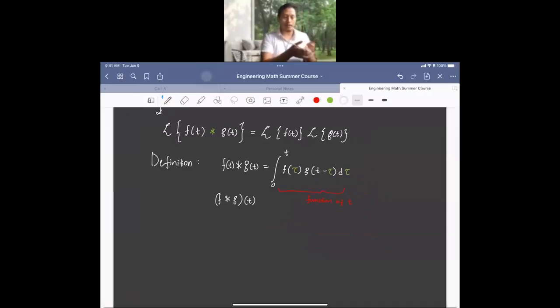So, for example, before we prove why this is true, and I don't think we have time, let me just write first.